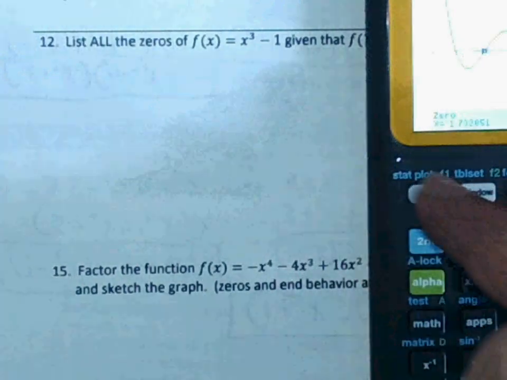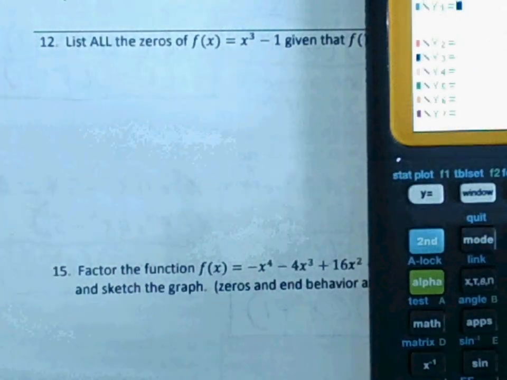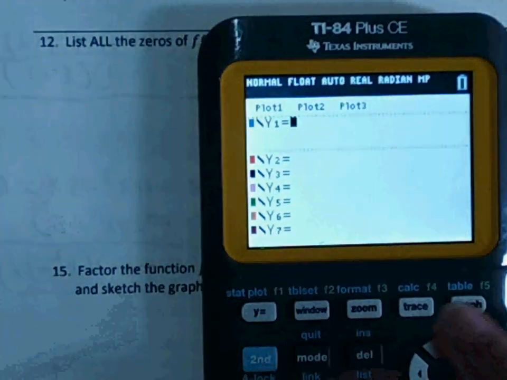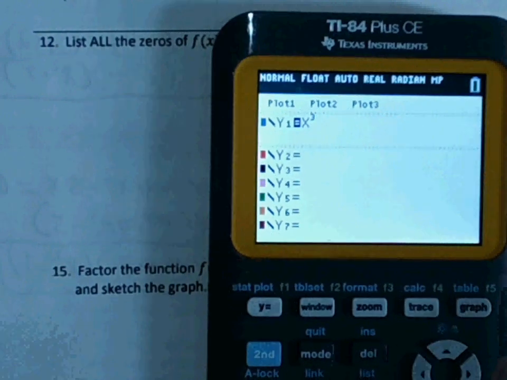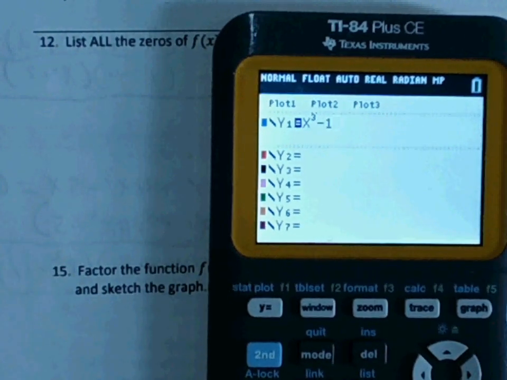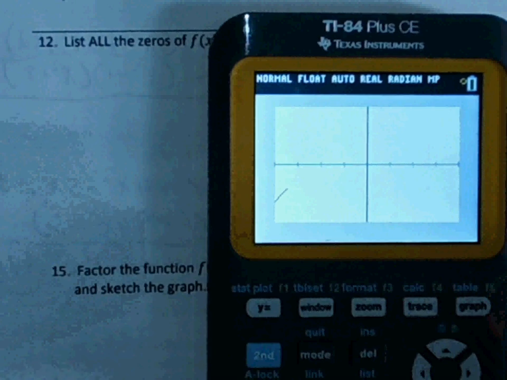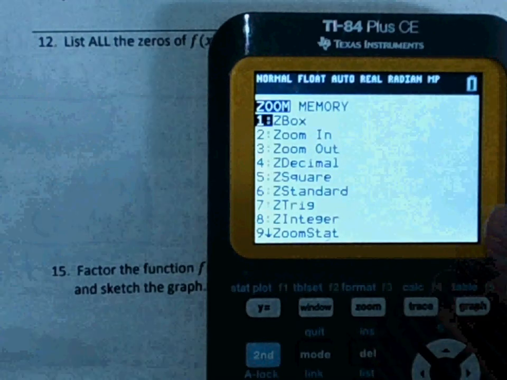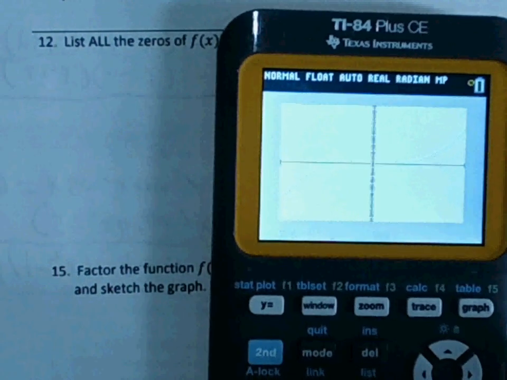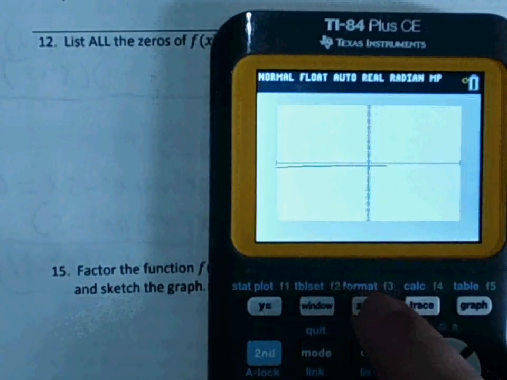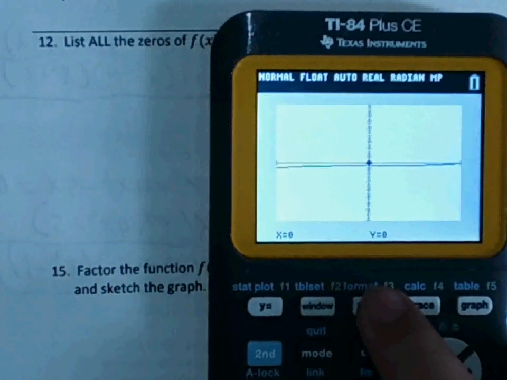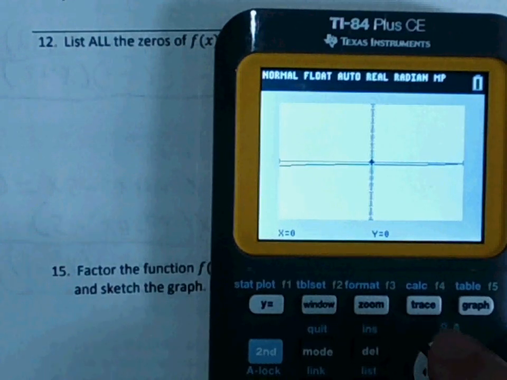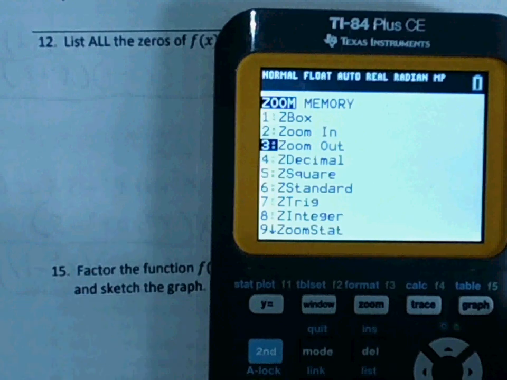So what we can do is just plot the function x cubed minus 1. Graph that. So we see that we have multiple zeros. Let's zoom in. Okay. I'll zoom out.